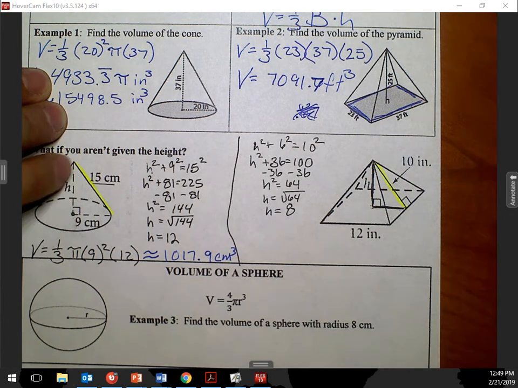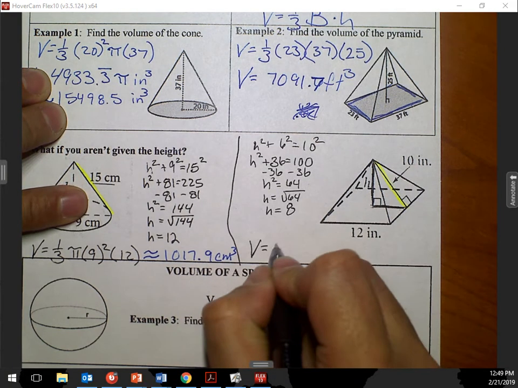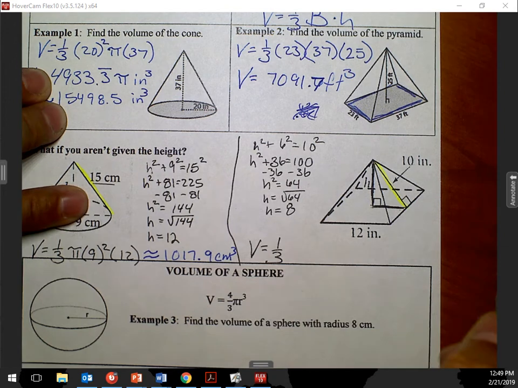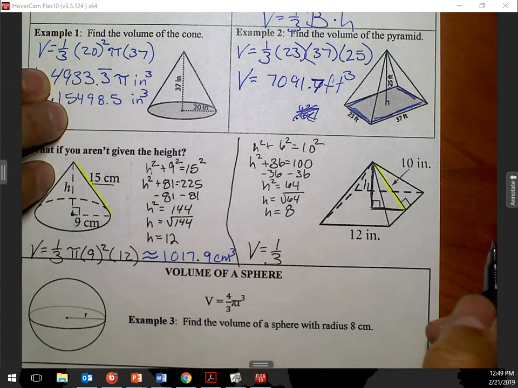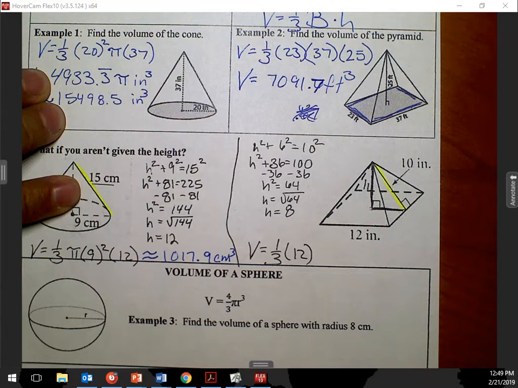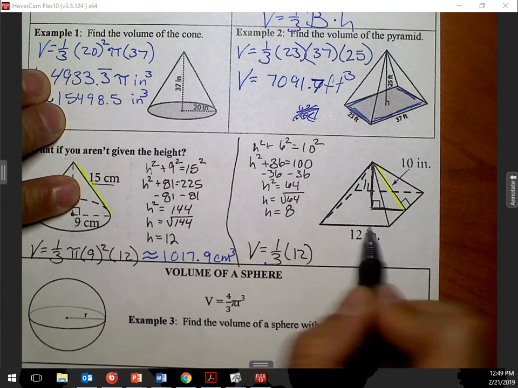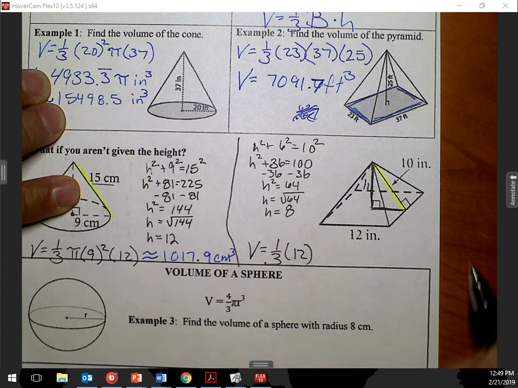Alright, so on this one right here, let's go through and actually do this. Volume is 1/3. What's my length? 12, because it's the base of the pyramid, right? What is the width of the pyramid?